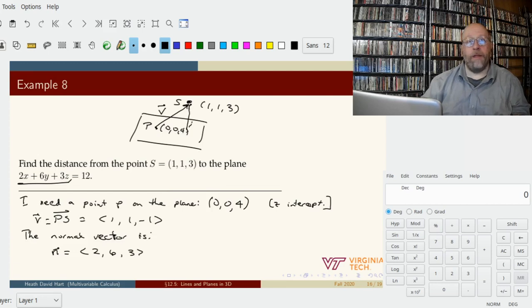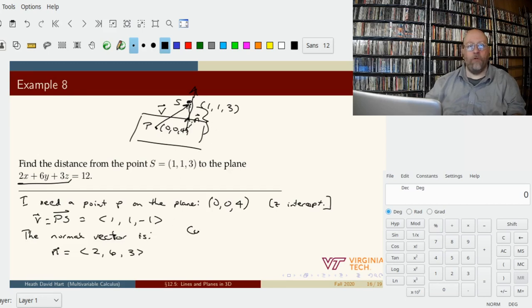It may not be exactly the right length that we want. It might be a little too short, or it might be way too long. But it has the right direction here. But if I project PS onto the normal vector, then I'll get the distance that I want.